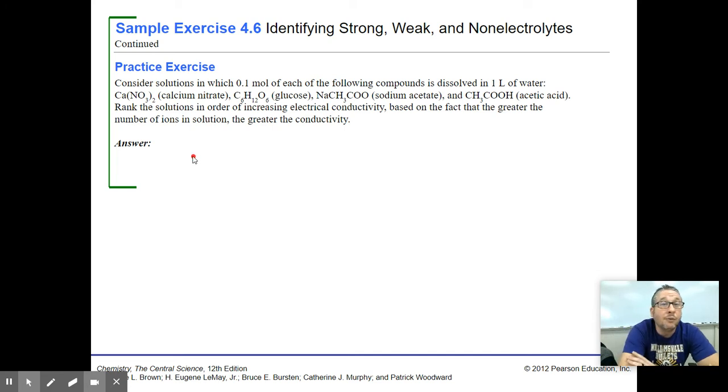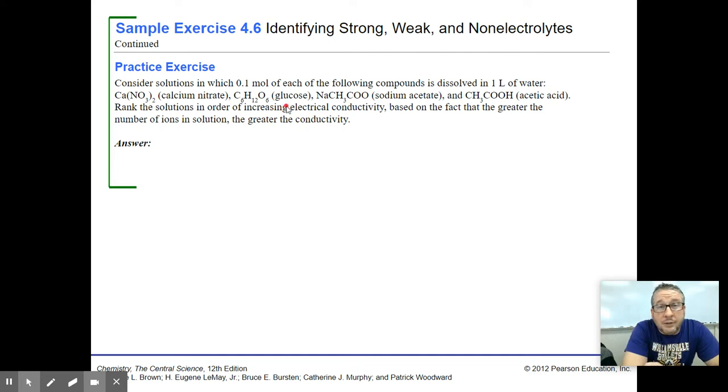So we're going a different route here slightly. We have to go from weakest or non-electrolyte to the strongest electrolyte based on the number of ions. So let's look through here. We have calcium nitrate, sodium acetate, acetic acid, and glucose. Is there any one of those 4 that we could say, no sirree, Bob?